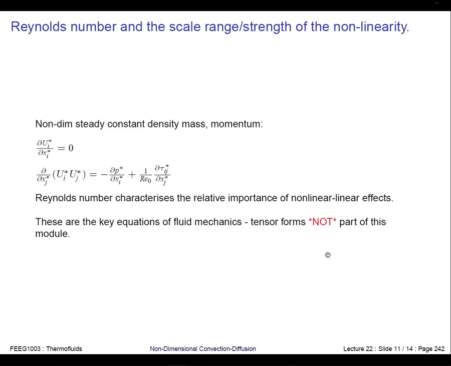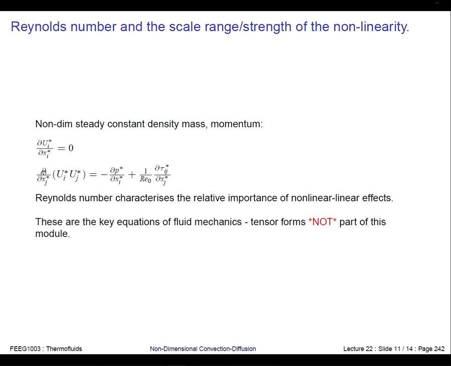Okay, so for the final bit of this lecture, we're going to spend a few minutes just talking about non-dimensional momentum conservation. So this is not part of the module, but I want to include it to make you understand how we make the module simple enough to deal with in part 1.